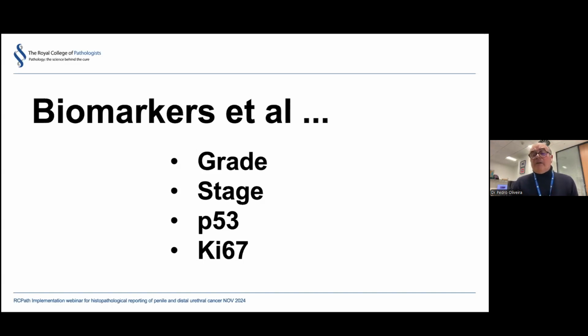What about other markers like P53 and Ki67, mainly for differentiated PIN, what was called differentiated PIN, which will now be called HPV-independent PIN, versus inflammatory dermatoses like BXO, in morphological aspects where we feel the differential diagnosis is very difficult? So far, there is no convincing evidence to support the use of both in this setting.